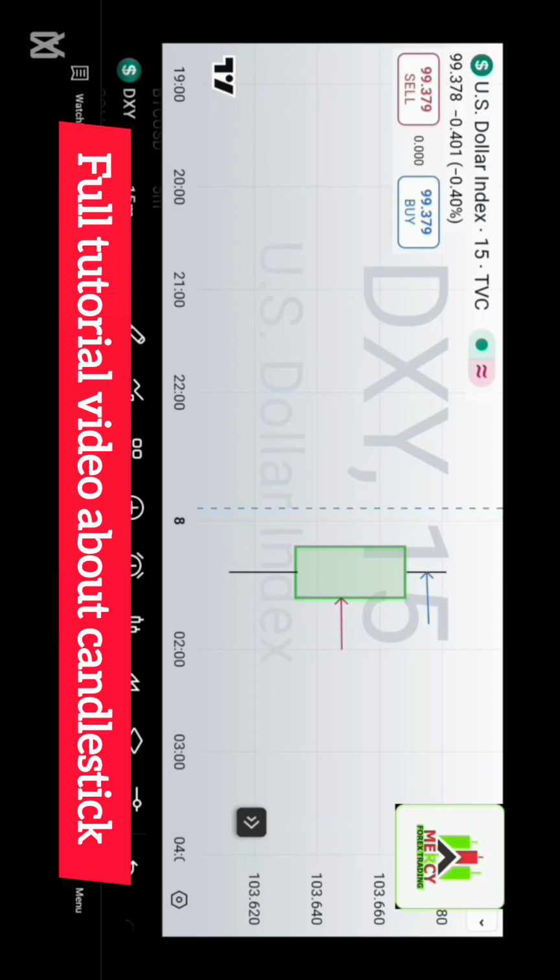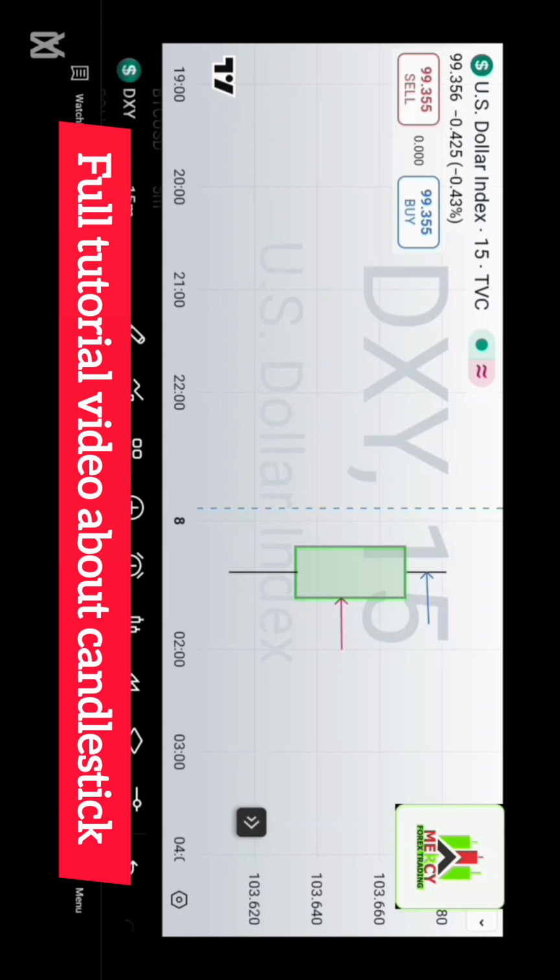Show me the body and the wick of a candlestick. The blue arrow, that line, is called the wick, and the red arrow is called the body, which I explained in your notes. The candlestick body means the rate of buying or selling pressure at that given time, while the wicks mean the amount of buying and selling pressure also at a given period of time.